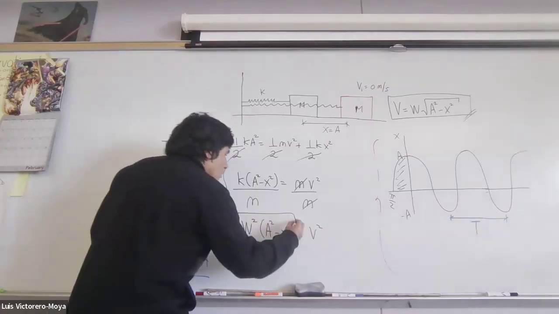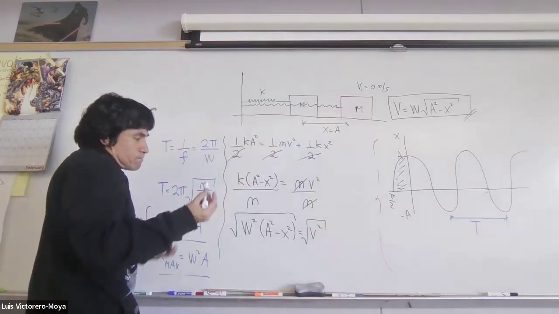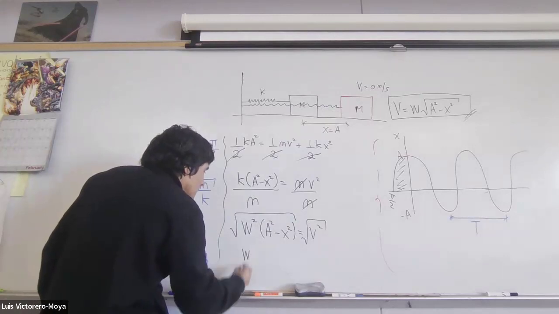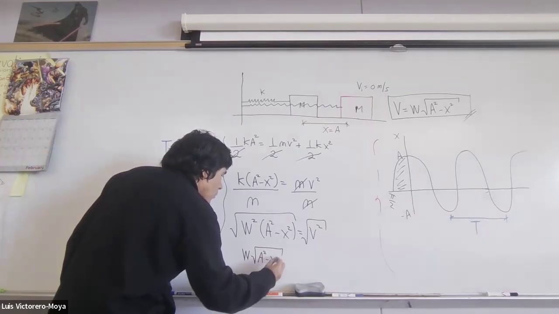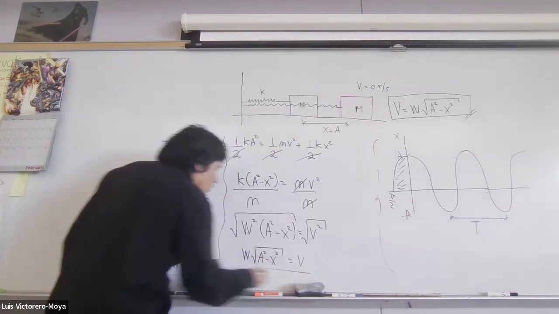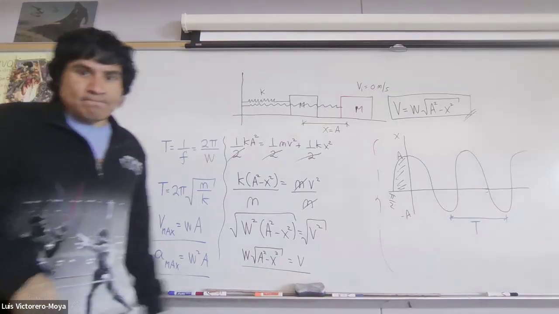If I take the square root, I get that equation there: omega times the square root of A squared minus x squared. So that's for a general situation. Very useful. Sometimes you might need it. Okay.